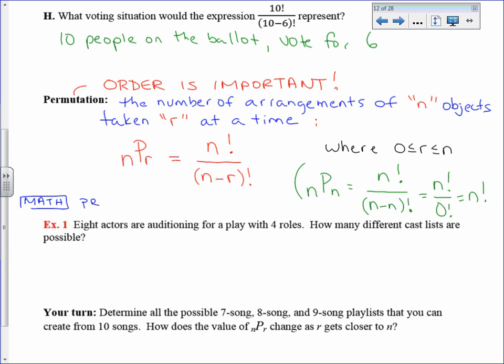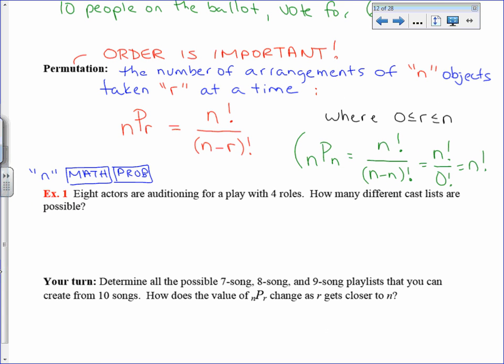Let me clear that up. You have to put in n first. N, then pick math, then pick probability, prob, not prop. Then it's 2. And then you put in r, and then enter.